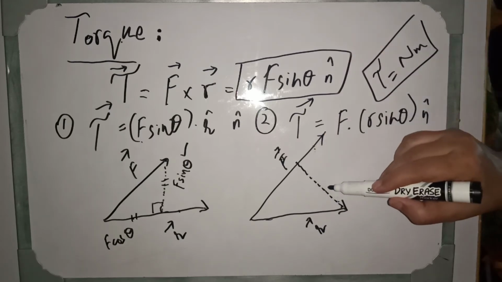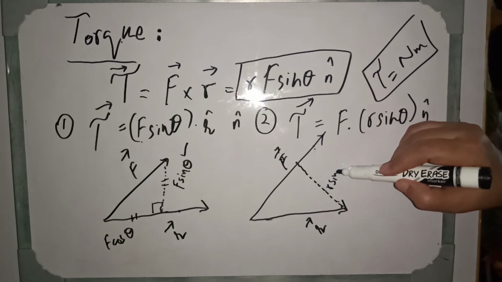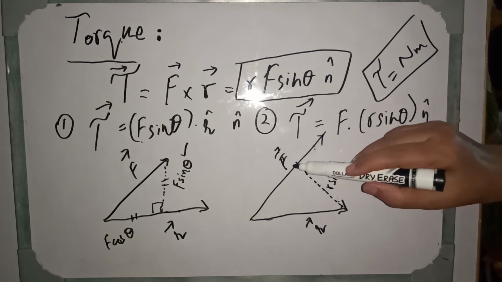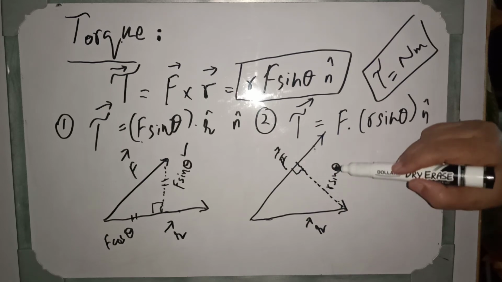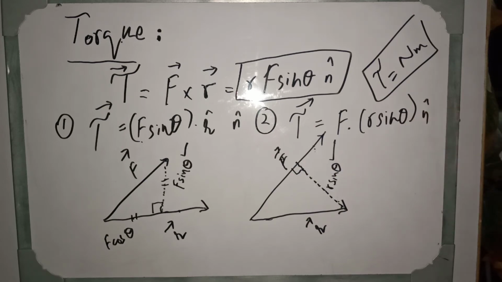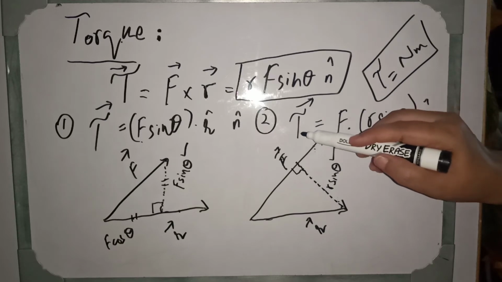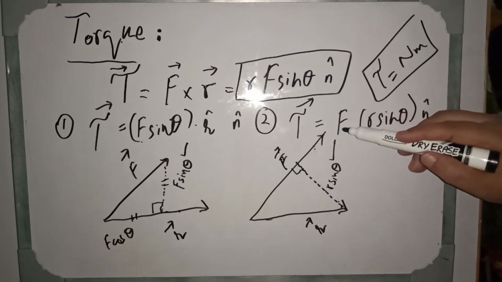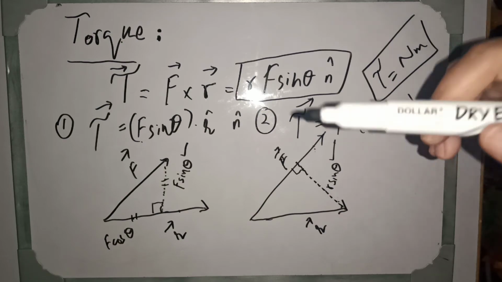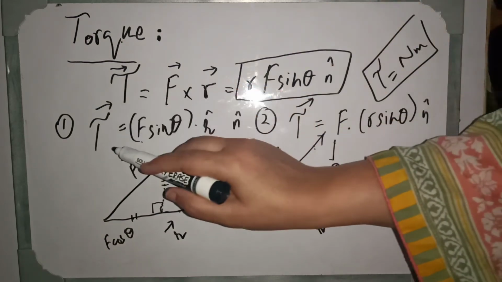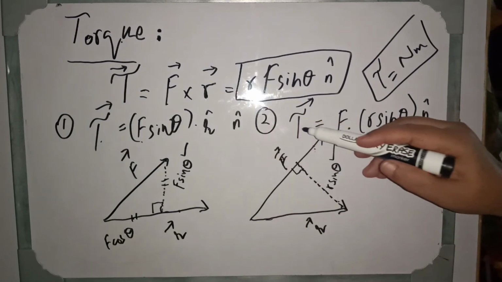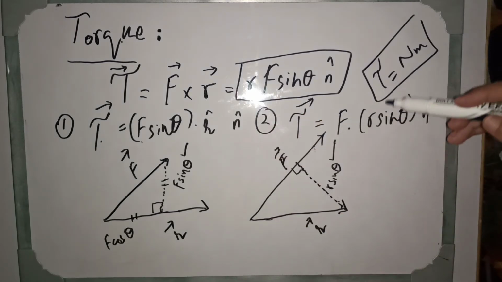This component is called R sin theta, and as this component is perpendicular to the force, this is the active component. So this makes the second illustration possible: torque equals F into R sin theta. The first illustration was torque equals F sin theta multiplied by R, and the second illustration is torque equals F into R sin theta.